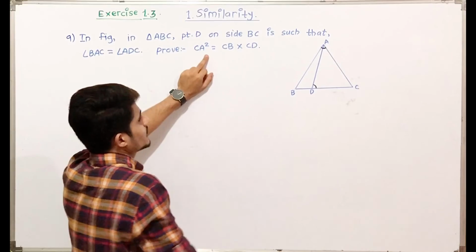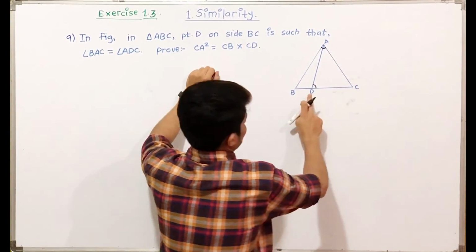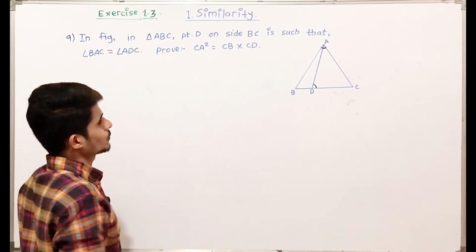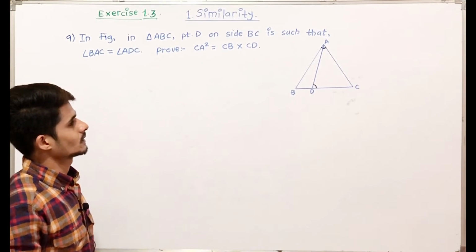Prove that CA square is equal to CB into CD. We have to prove CA square is equal to CB into CD.